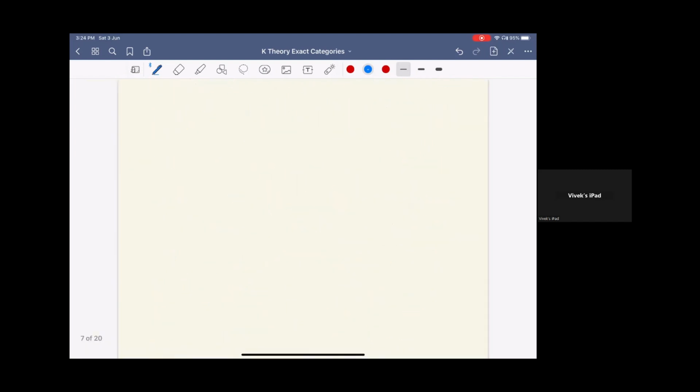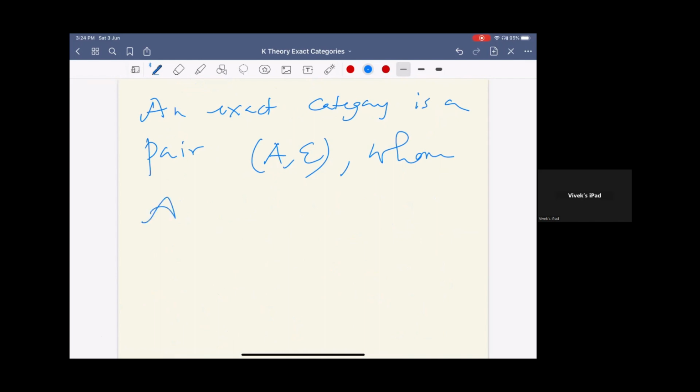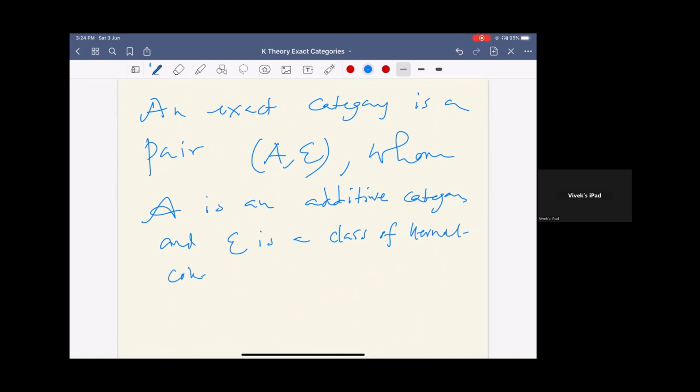An exact category is a pair (A, epsilon) where A is an additive category and epsilon is a class of kernel-cokernel pairs which are closed under isomorphism and satisfy E1 to E6.